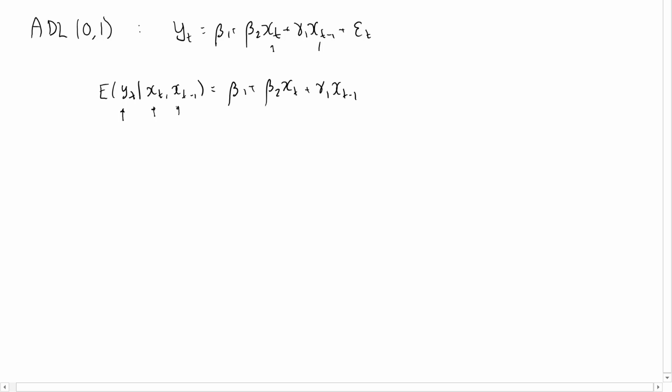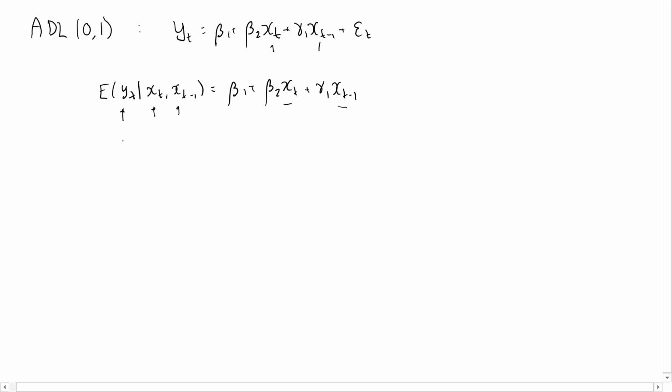So according to this model, the expected revenue depends on what we spend this week and also on what we spent last week. And the argument could be something like people taking part of our advertisement last week still remember this advertisement, and that will affect sales even in this period.